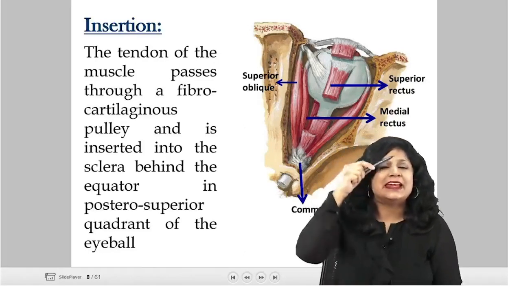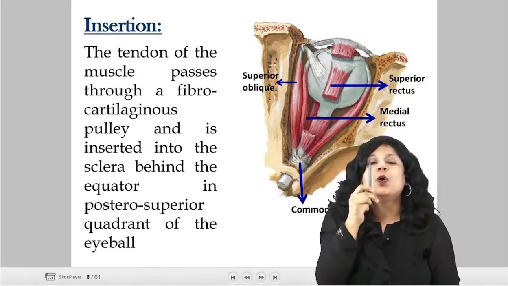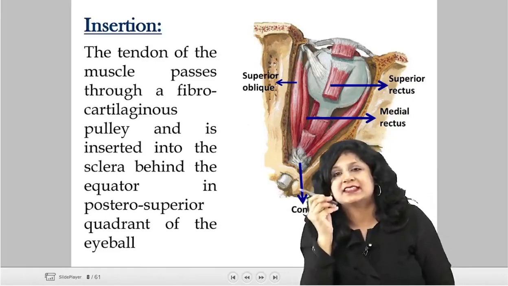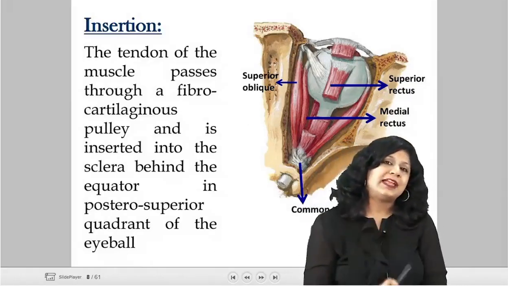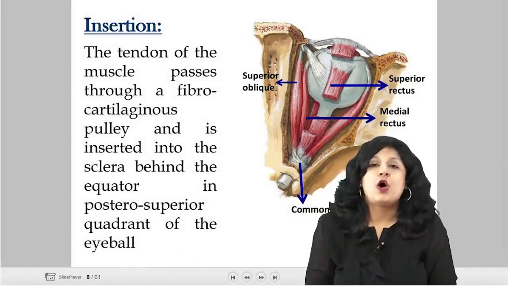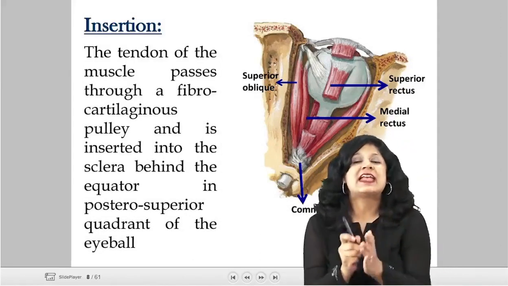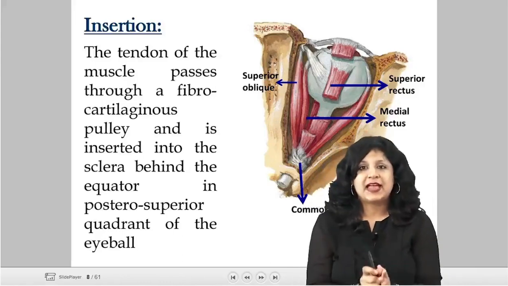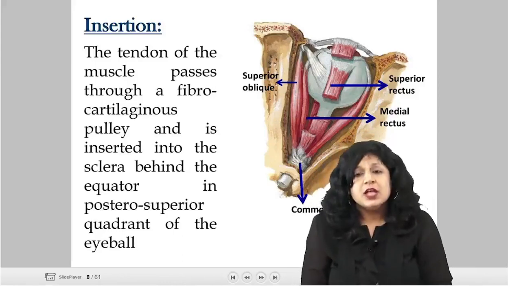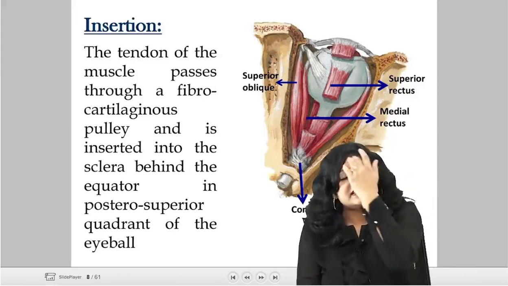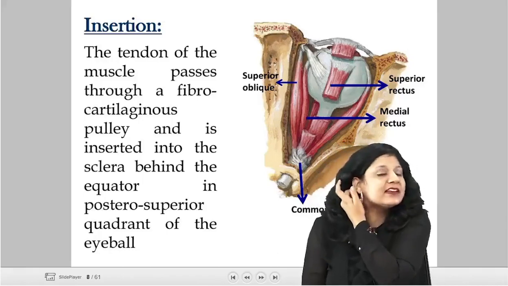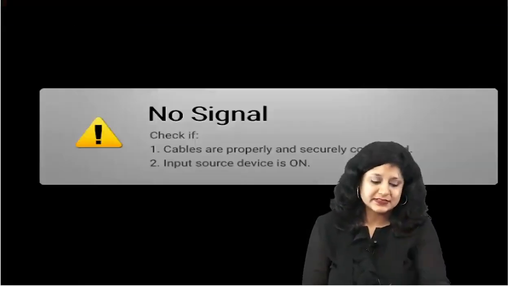So there can be intorsion or there can be extorsion. So the primary action of the oblique muscles will be intorsion and extorsion, right? Now, what are the basic differences between the rectus muscles and the oblique muscles?